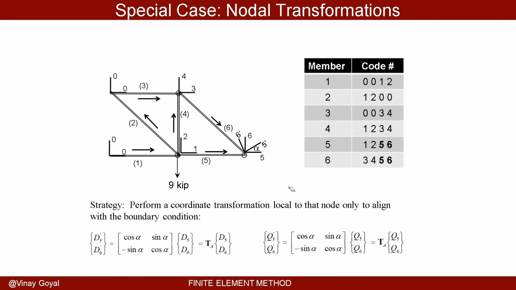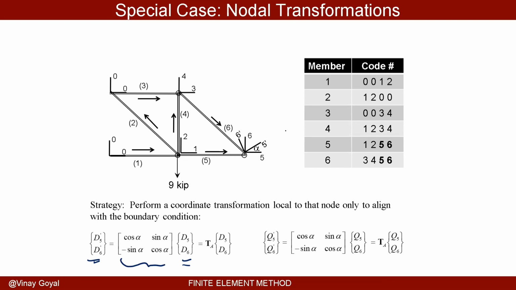So for that degree of freedom system, I'm going to do a little trick. And I do need your patience to understand it. I'm going to go ahead and use a coordinate transformation. So in the global system, I have 5 and 6 in the global system. I want to transform that in the prime system using this transformation matrix. I know that it's slanted at an angle alpha.